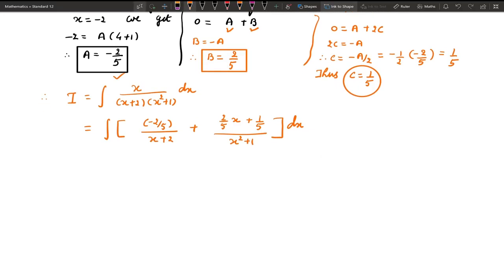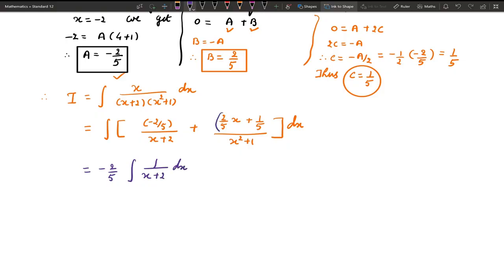So here when we integrate, check this integration: minus 2 by 5 is a constant, so 1 upon x plus 2 dx.